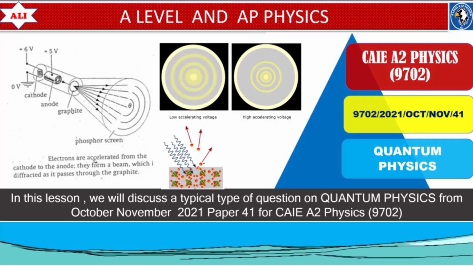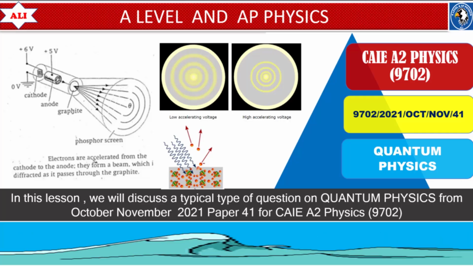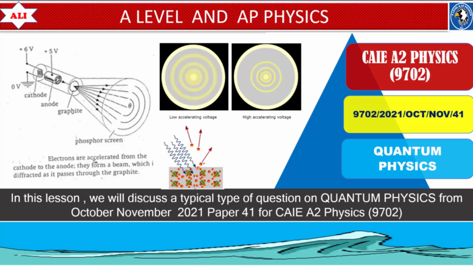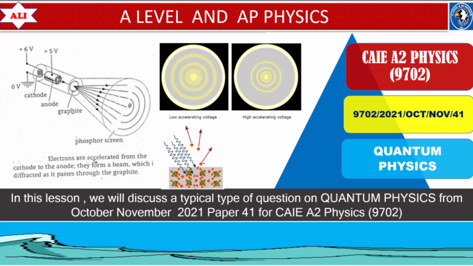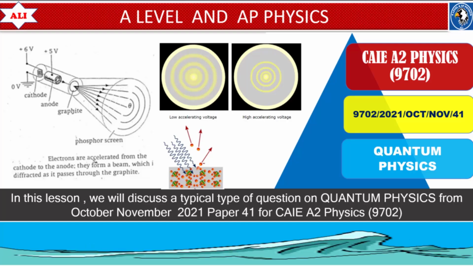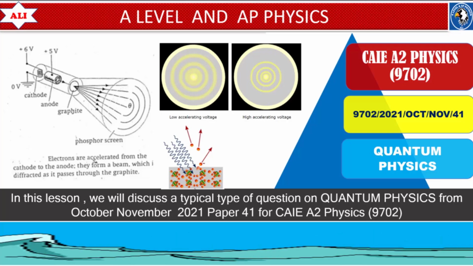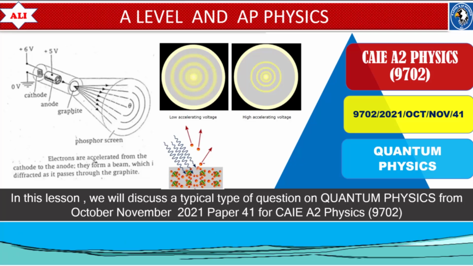Then we will talk about the wave nature of matter, and the experimental phenomenon that provides evidence for the wave nature of matter. We will also talk about de Broglie wavelength, and how to calculate the final speed of a beam of electrons when they are accelerated through a potential difference. At the end of the video, we will also talk about the effective wavelength of electrons.